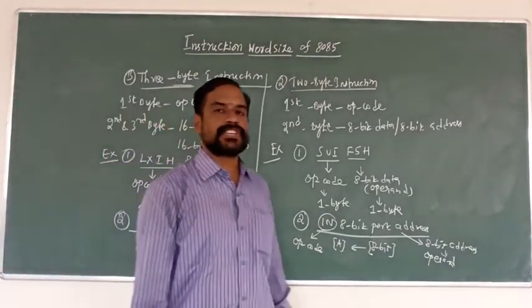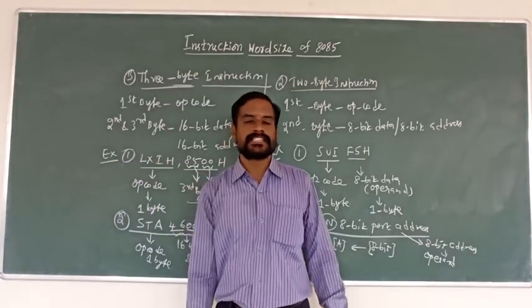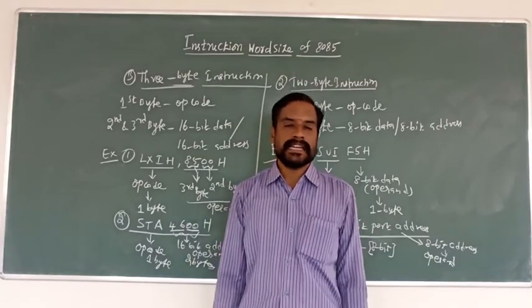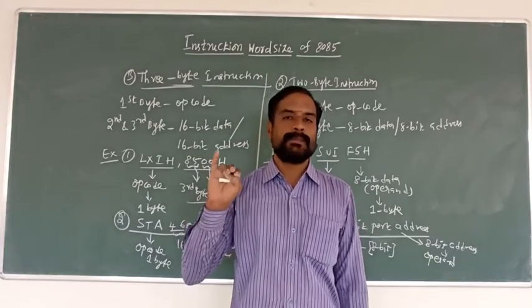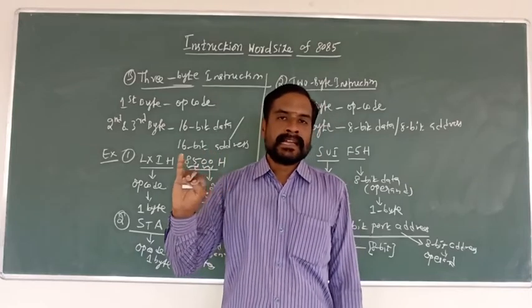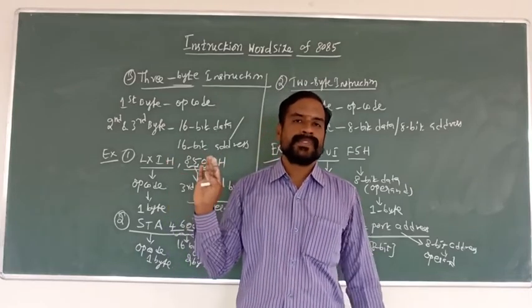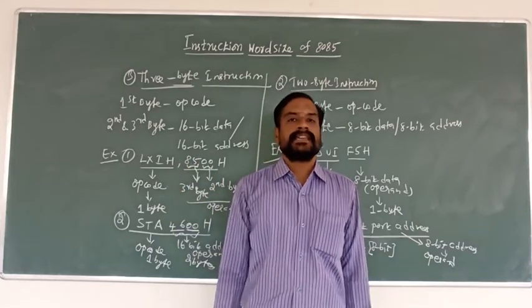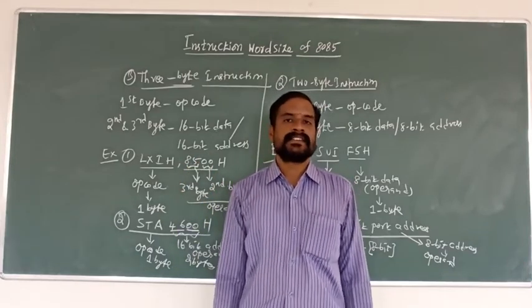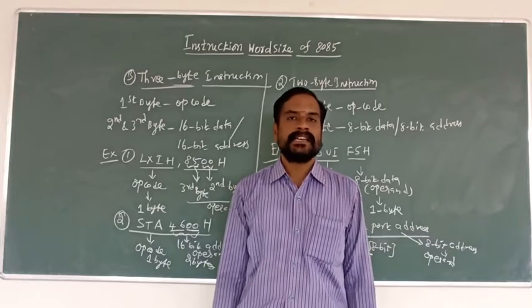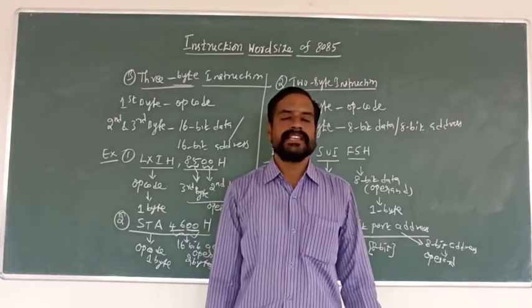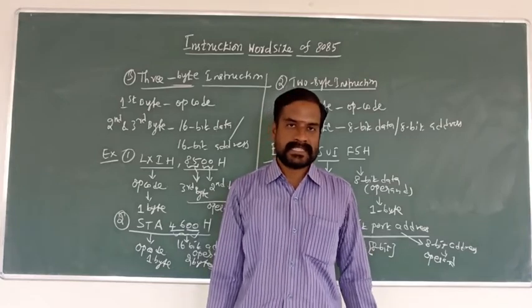Okay. Instruction word size, or instructions based on length. There are 3 types. Number 1, 1 byte instruction. Number 2, 2 byte instruction. Number 3, 3 byte instruction. The 1 byte instruction consists of only opcode, there are no operands.